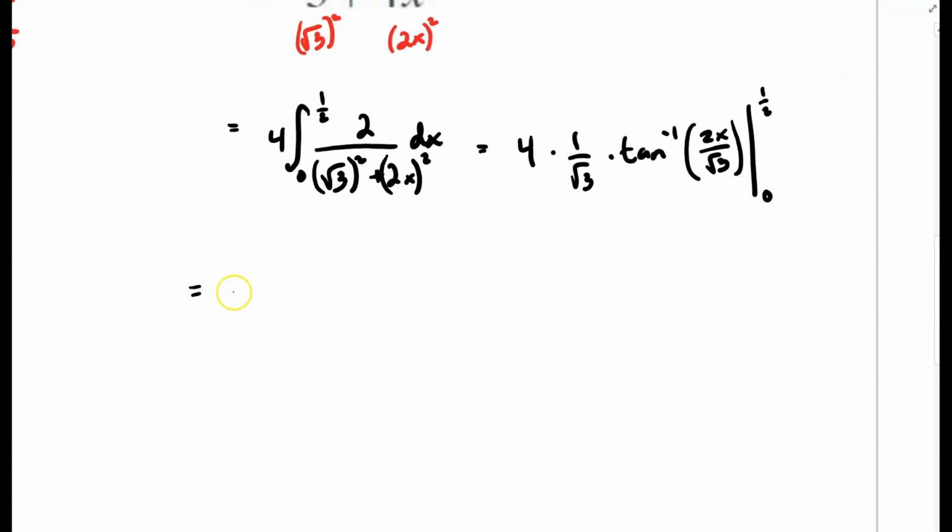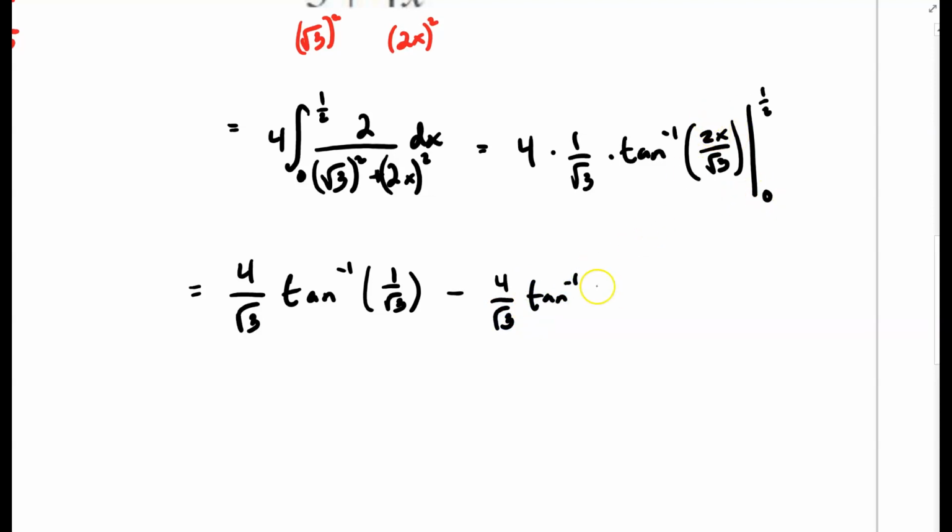This is equal to 4 over the square root of 3 tan inverse of 2x. If I plug in 1/2, 2 times 1/2 is just 1. So I get 1 over square root of 3 minus, again, 4 over square root of 3 tan inverse. If I plug in 0, 2 times 0 is 0. 0 divided by anything is just 0.